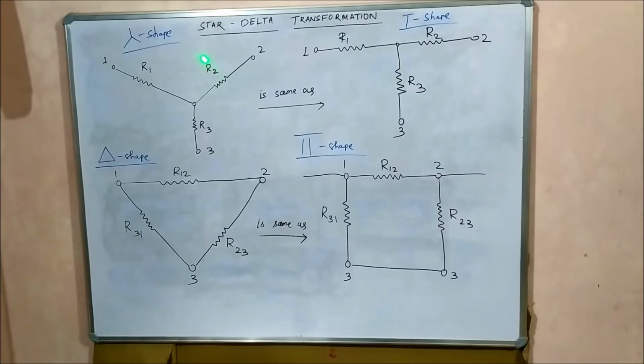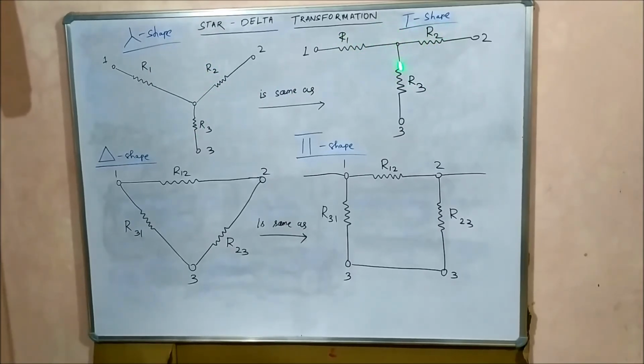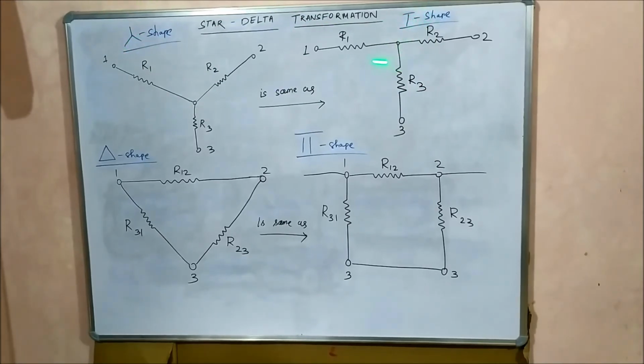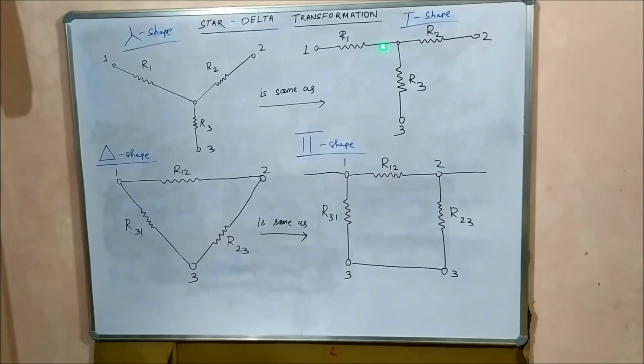You can also draw the same structure in this way, and it looks like a T shape. So this structure and this structure are the same, there is nothing to be confused. What we have done is just lifted this common point upwards and flattened it out, and the delta shape and the T shape are the same.